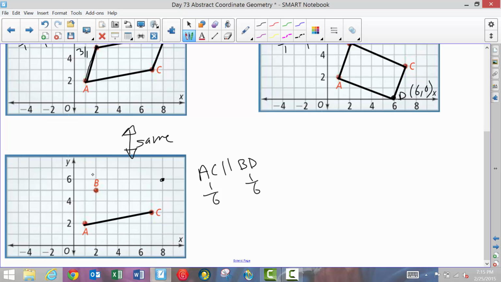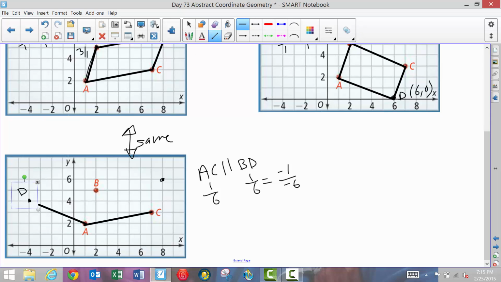So instead of going up 1 over 6, I reverse it. I go down 1 to the left 6. Down 1 is negative, and to the left is negative 6, so negative, negative turns to a positive. So I go down 1 from B over to the left 6. 1, 2, 3, 4, 5, 6. And there is point D.